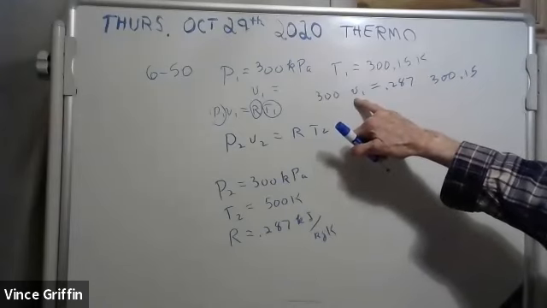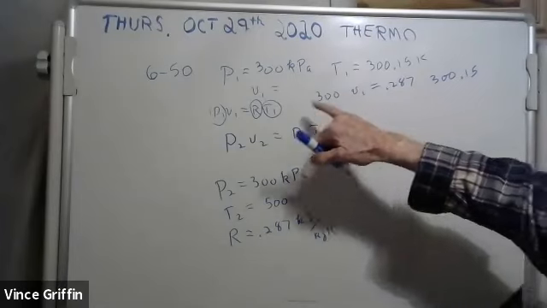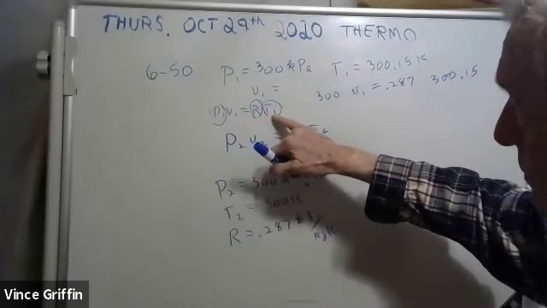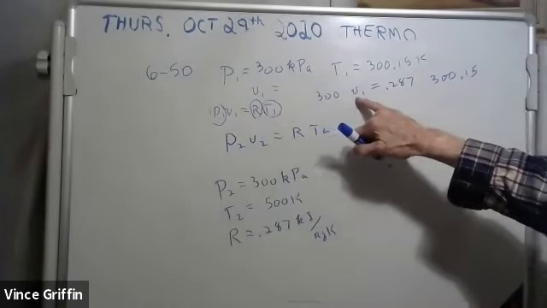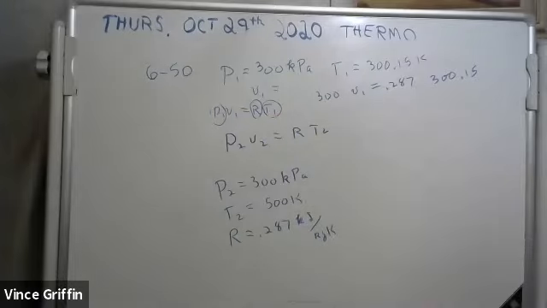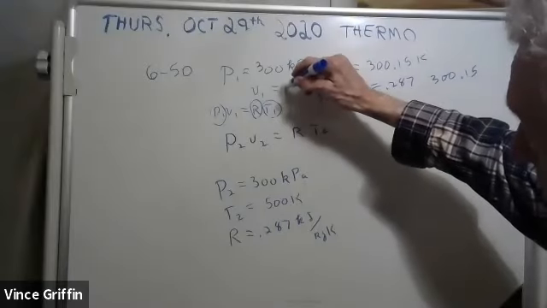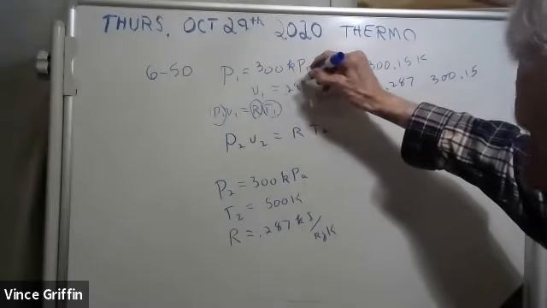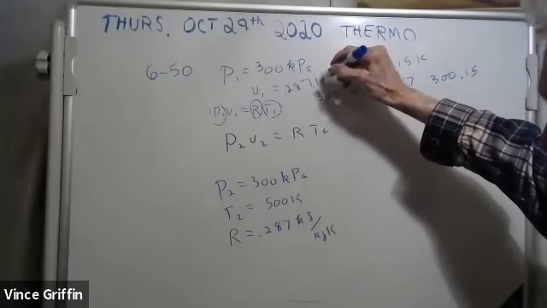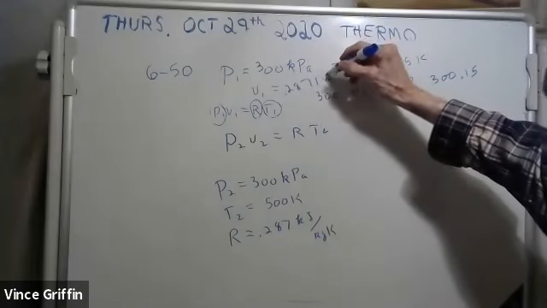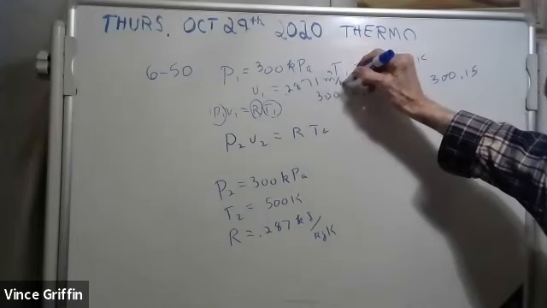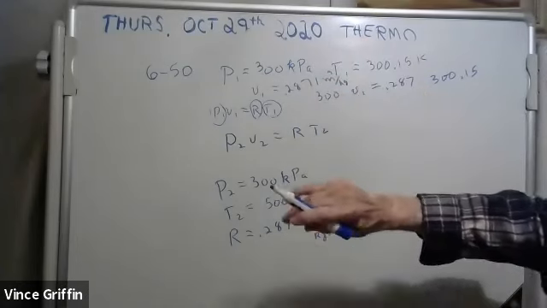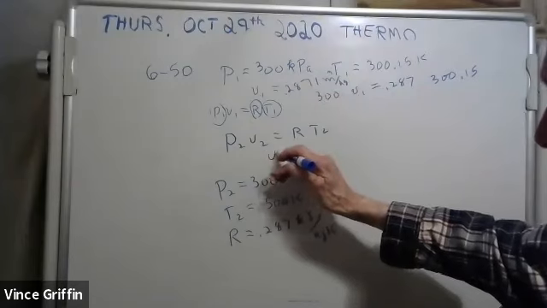Do it again. P1 V1 equals RT1. What'd you get this time? Is that 0.287? Yeah, that's right. 0.2871 cubic meters per kilogram. We got V1, yay. Now we're going to get V2.